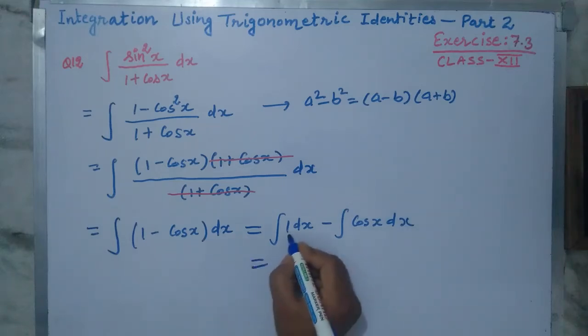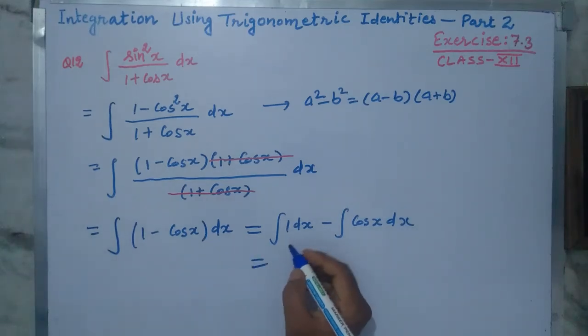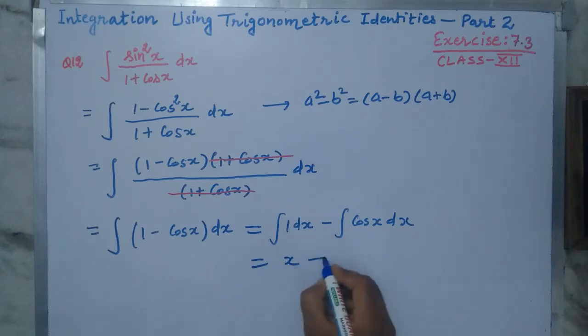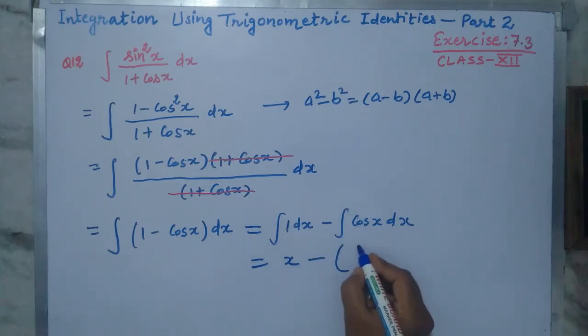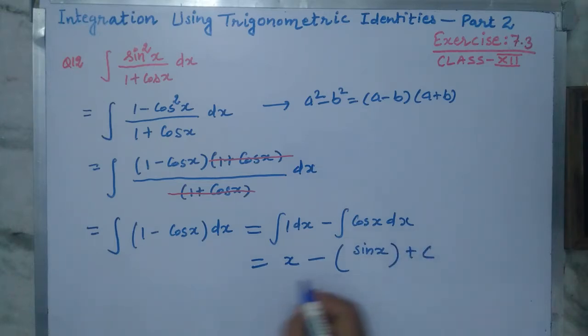So the final answer: integration of 1 is x, minus integration of cos x, which is sin x, plus c, the constant of integration. So x minus sin x plus c is the final answer.